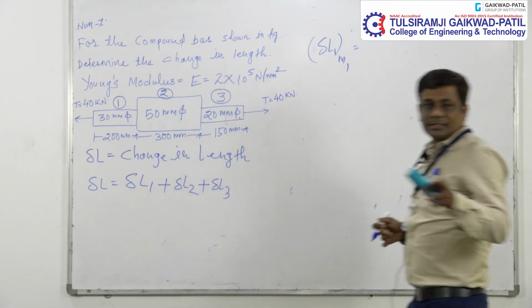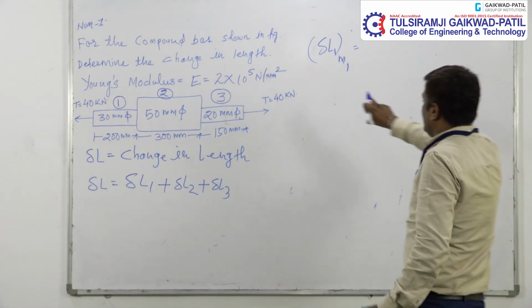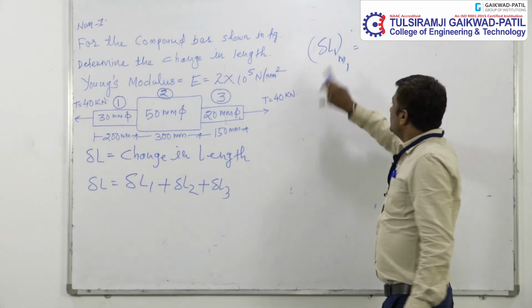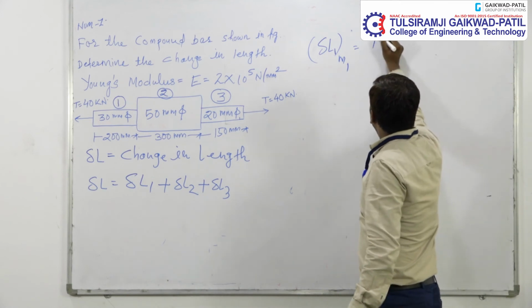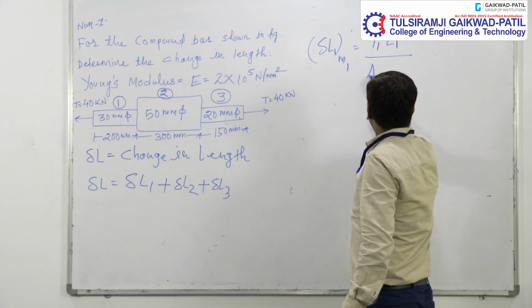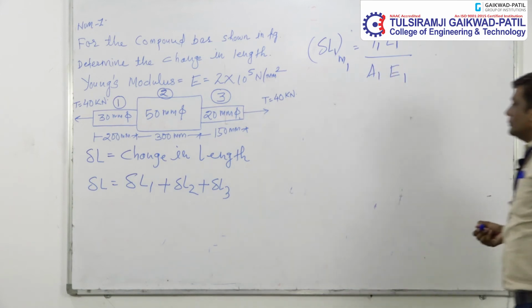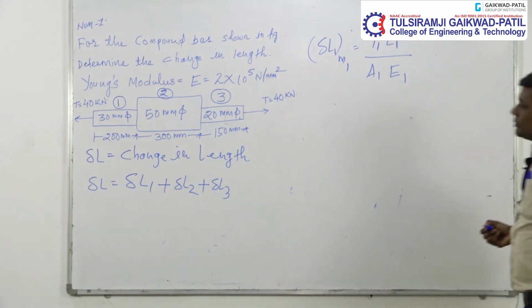So already we discussed the formula, delta L is given by PL by AE. So here for material number 1, we can write P1 L1 divided by A1 into E1. But you see the numerical.